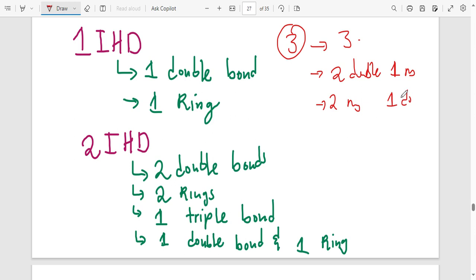Or it means that you have got one triple bond and either one ring or one double bond, because one triple bond means two IHDs. So from the 3 remove 2, you are going to remain with one IHD. That other one IHD can either be a ring or a double bond. 0 IHD means that you don't have a ring, you don't have a double bond.